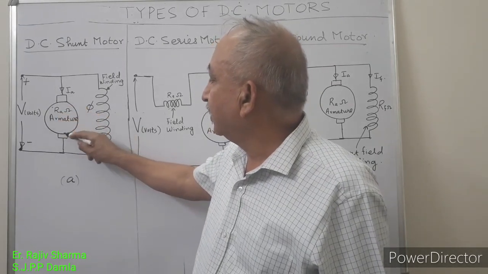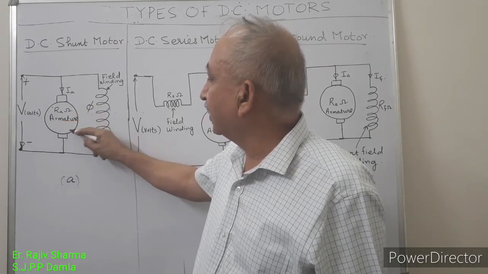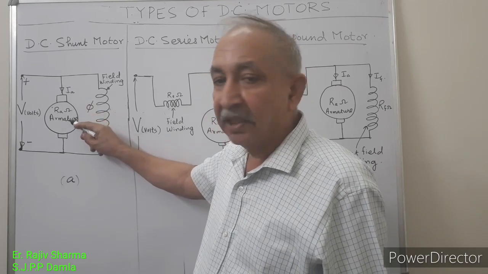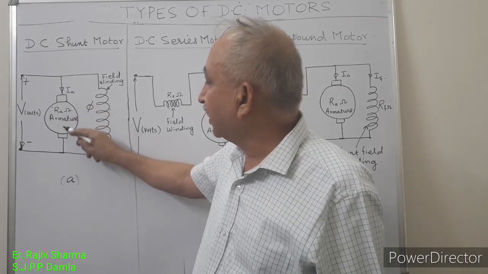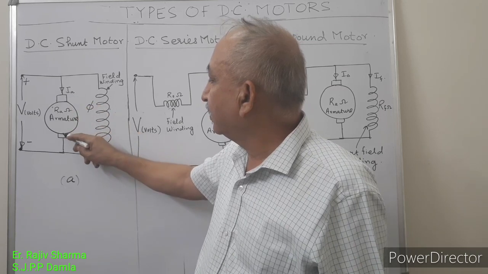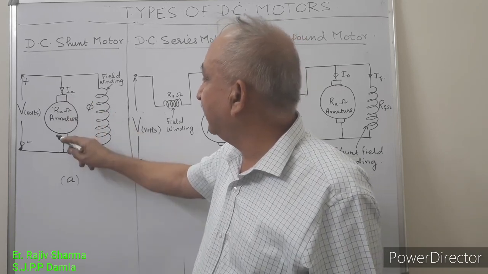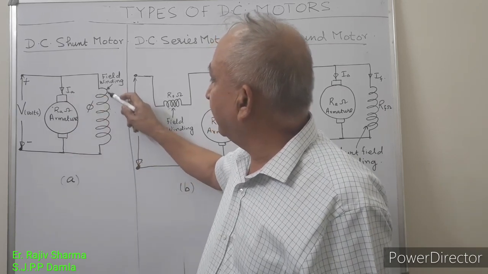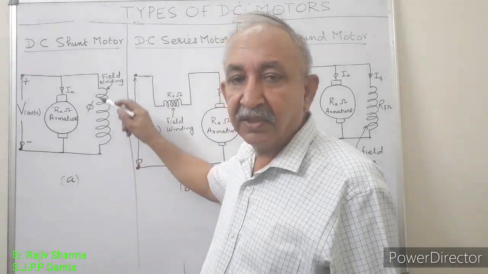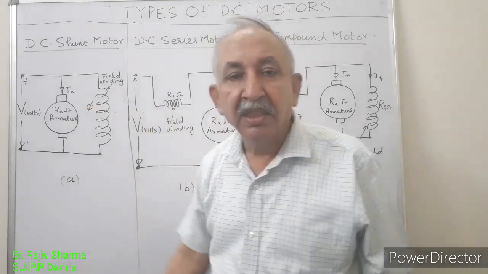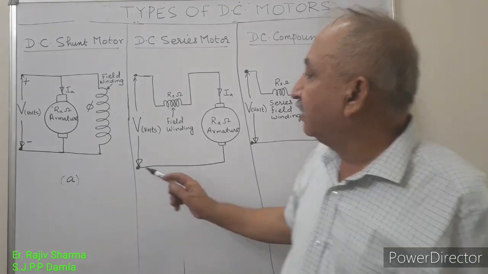We have drawn a circle representing the armature. These are the carbon brushes, and this is the field winding, which provides the magnetic field.